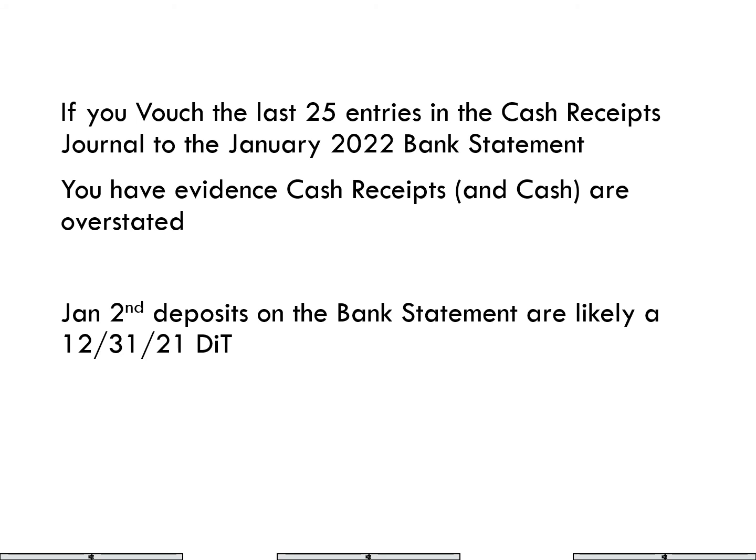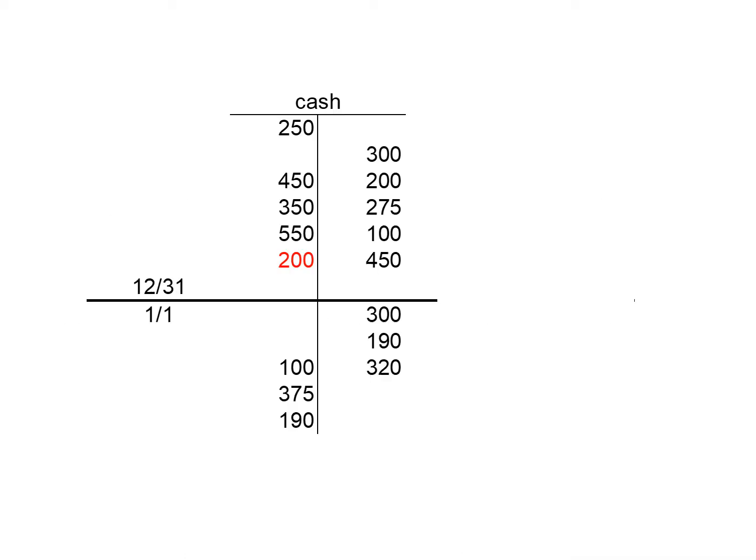If you vouch the last 25 entries to the January bank statement, you have evidence that cash receipts and cash are both overstated. With cash receipts, we're worried about that red 200. They recorded that cash receipt as if it occurred in December. We want to make sure that it actually did occur in December, that they actually received the cash in December.